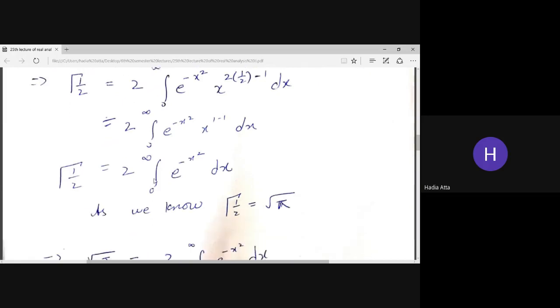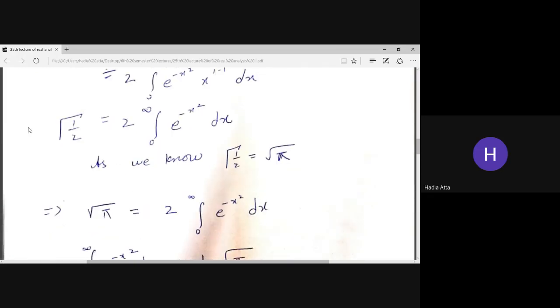And then what will you do? As you know the result of gamma 1 by 2, as we already studied, that will be equal to under root pi. Okay, so that is equal to under root pi. So put over here, that will be equal to 2 integration 0 to infinity e raised to the power minus x square dx.